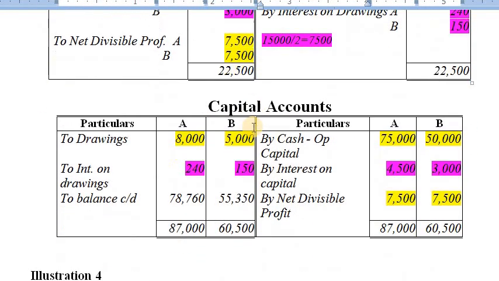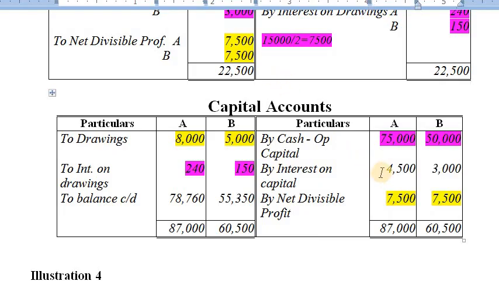Capital accounts of partners started with 75 and 50. They started business, that is why by cash, otherwise it is by balance brought down. In this case, they started business, so that's why I wrote by cash. Opening capital. Now interest on capital is given to partners. Anything you give to them will be credited here.